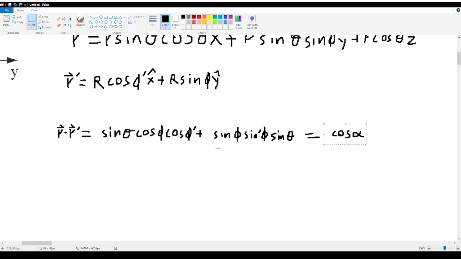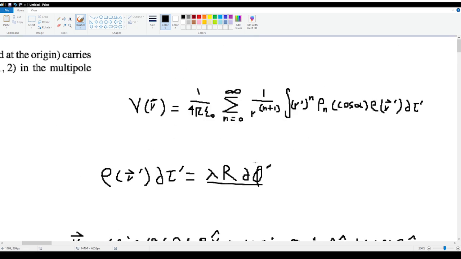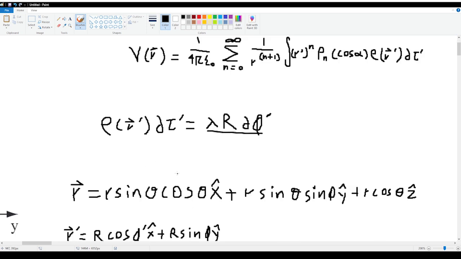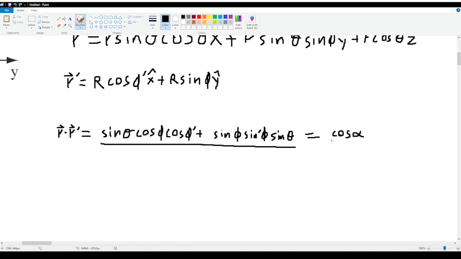So now we can plug this in once we actually start working with trying to find the terms. And with this we have everything we need to get started.